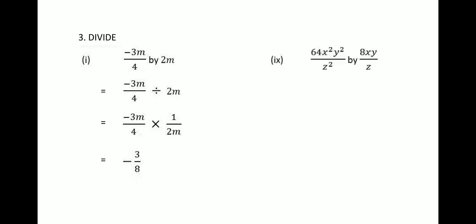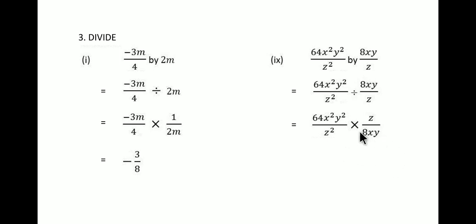Question number 9 of the same question number 3 is 64x squared y squared by z squared has to be divided by 8xy by z. Write them in the proper mathematical order. Now this division sign gets converted into a multiplication sign, and thus the fraction at the back gets reciprocated. So 8xy by z becomes z by 8xy.